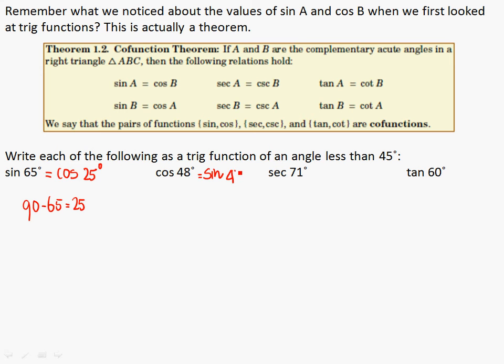Goes together. The secant belongs as a cofunction with the cosecant. And the tangent of 60 belongs to a cotangent of 30. Sometimes in a word problem that might be useful to use that information.